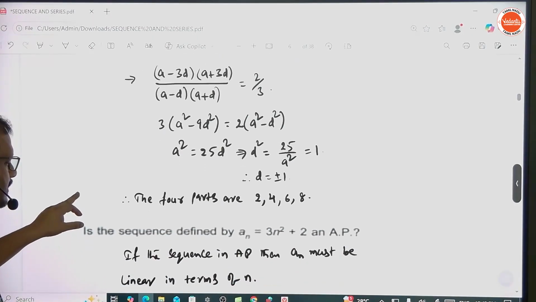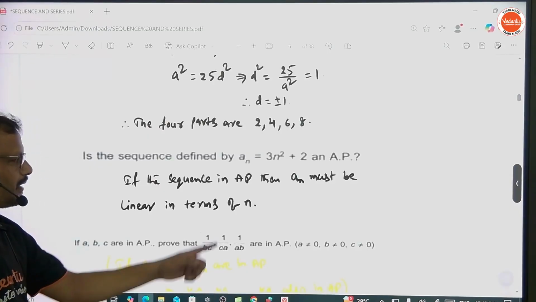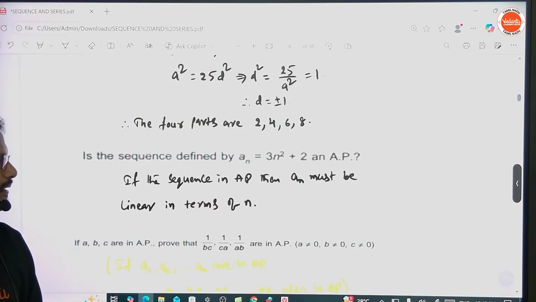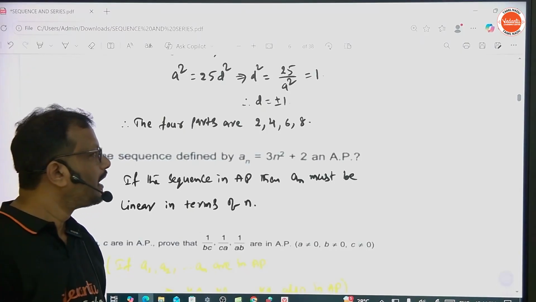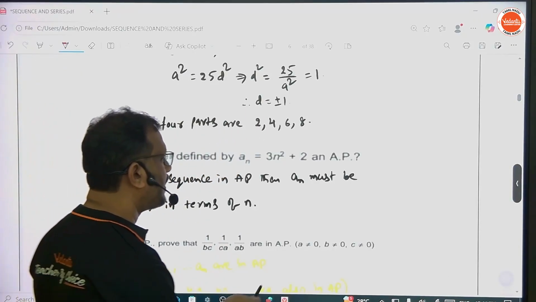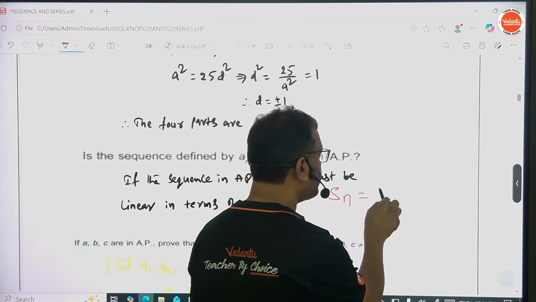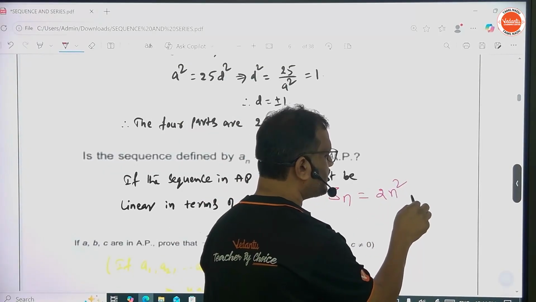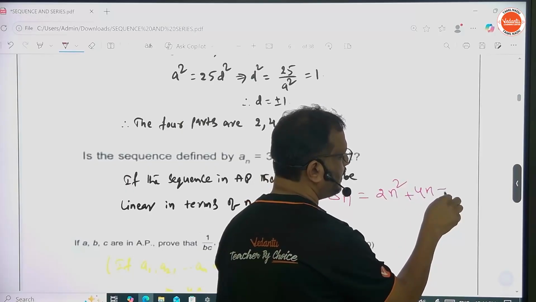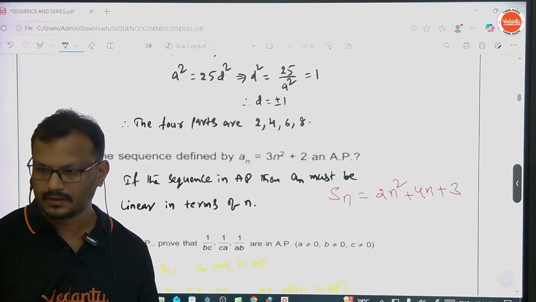If the sequence is in AP, then the nth term must be linear in terms of n. Otherwise, this is not an AP sequence. For example, take Sn equal to, suppose, 2n squared plus 4n plus 3. For example, this is the sum of n terms.